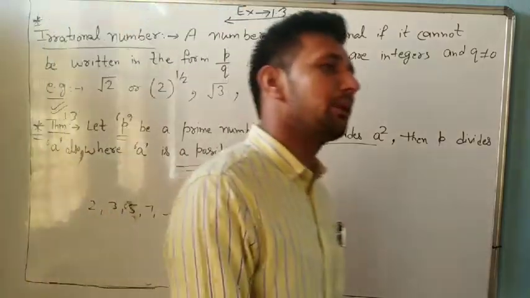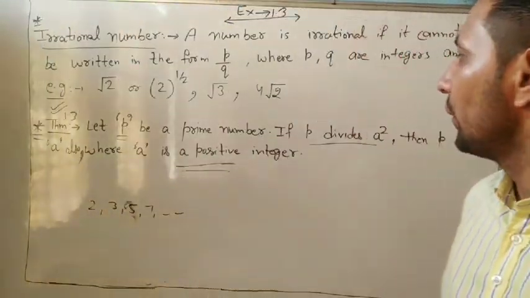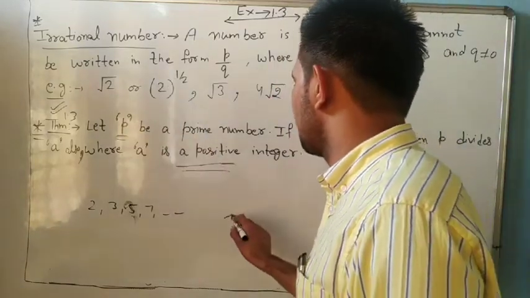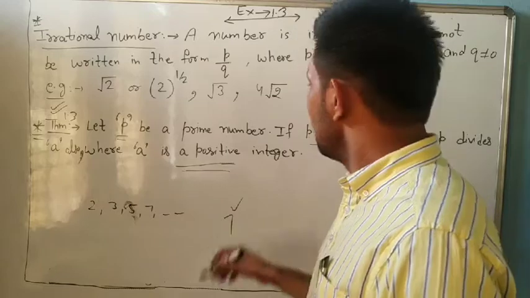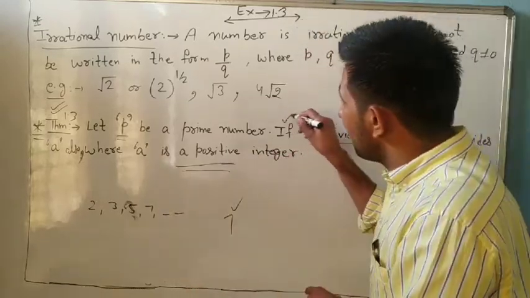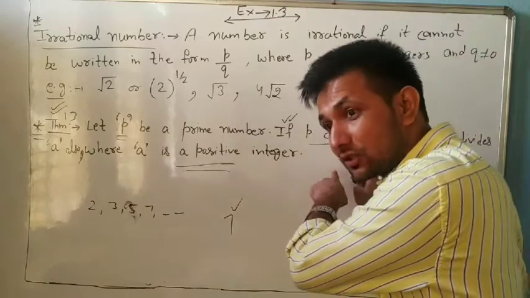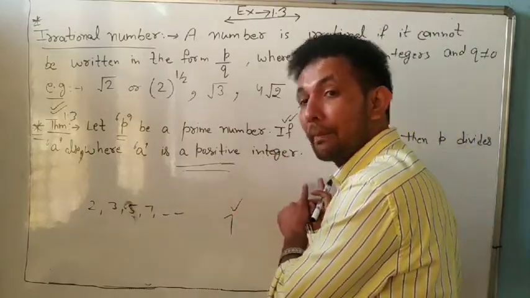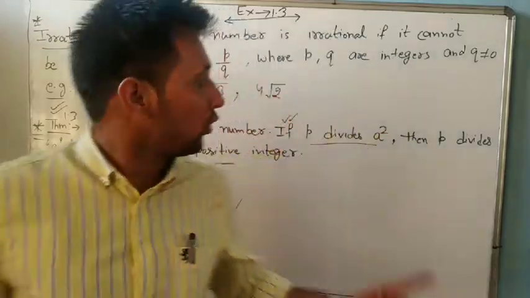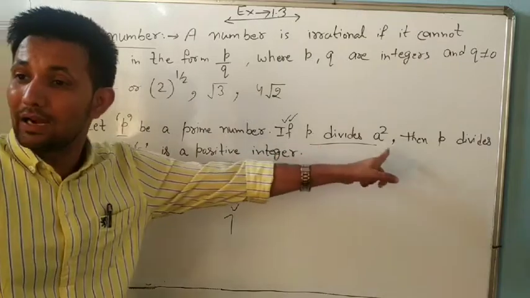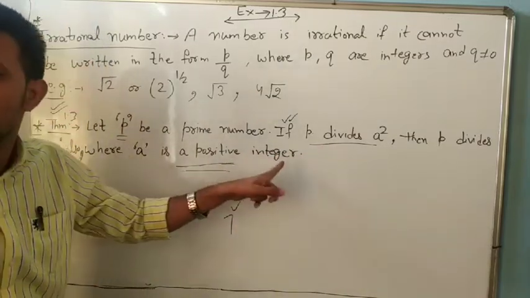Look at an example. Suppose p is any prime number. I am taking the prime number 7. 7 is a prime number. The condition is that this prime number is dividing a square, where a is a positive number.